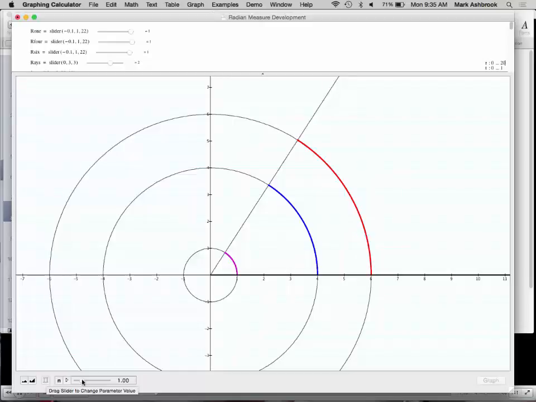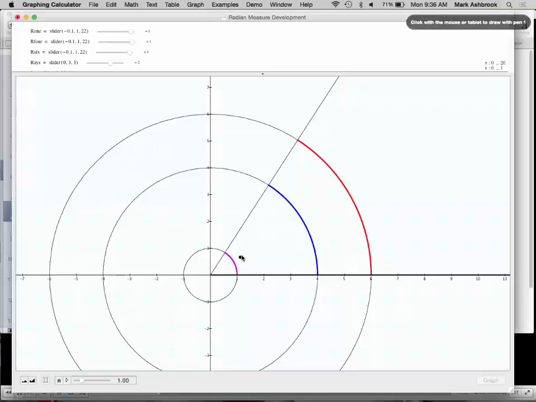Since that's our basis for measuring angles, it makes sense to conclude that using the radius of a circle is a legitimate way to measure the openness of an angle, because no matter what circle you wrap one radius length on, you're going to get the same amount of openness, right?